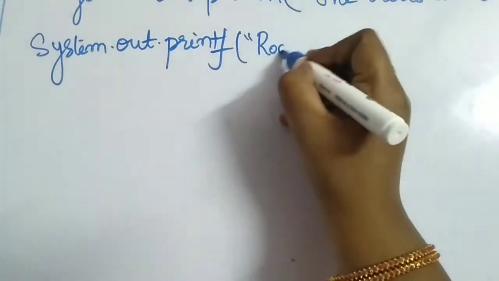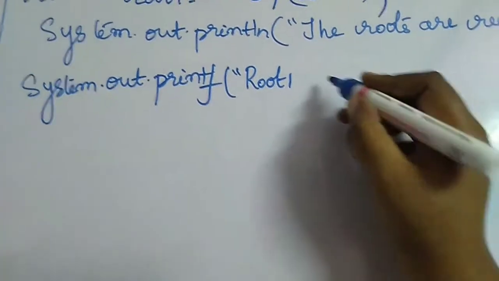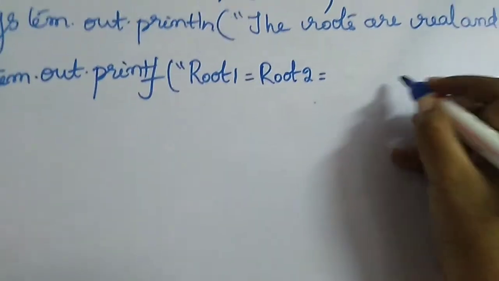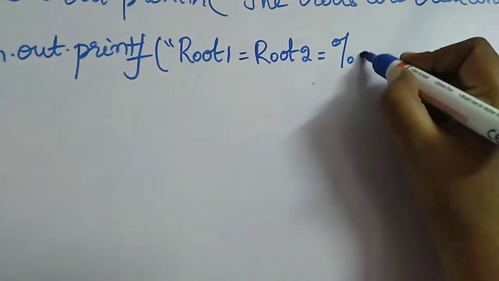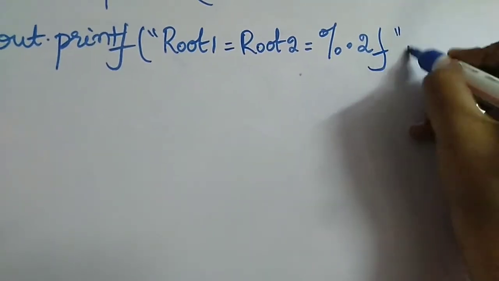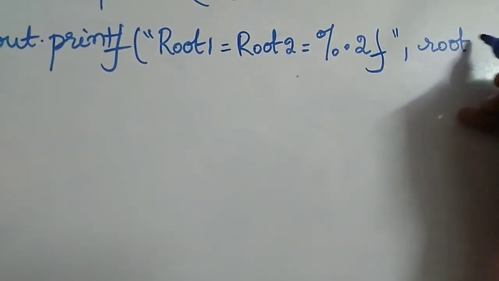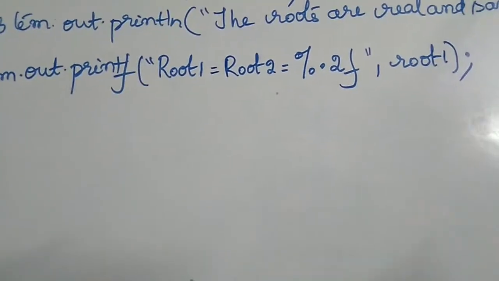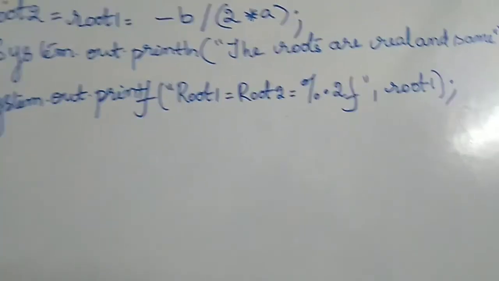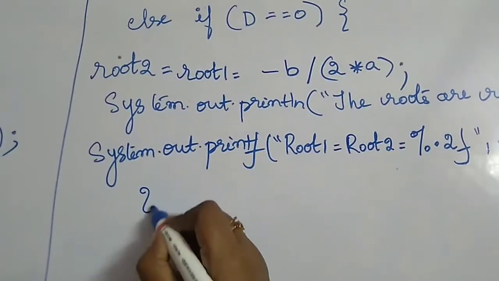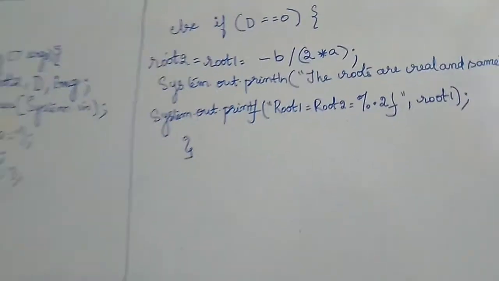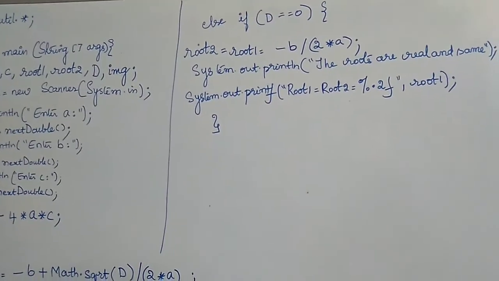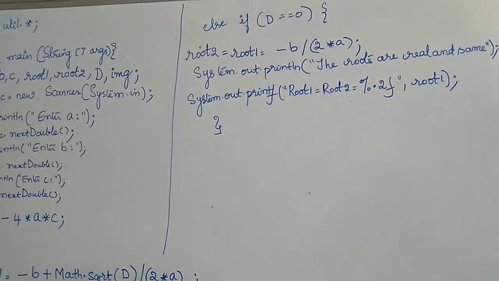I am saying root 1 is equal to root 2 is equal to percentage 0.2f, and I can simply print one thing, that will be enough, or else you can separate it and print it. So this is when the discriminant is equal to 0. These statements will be executed only if discriminant is equal to 0.